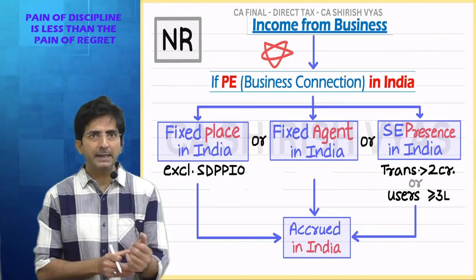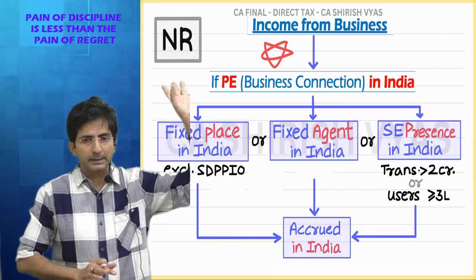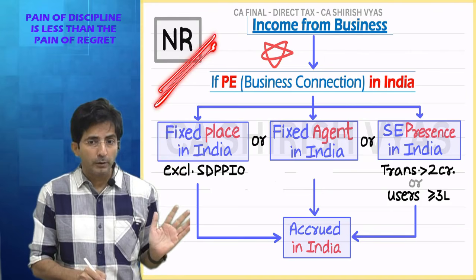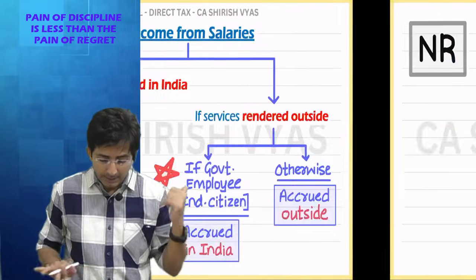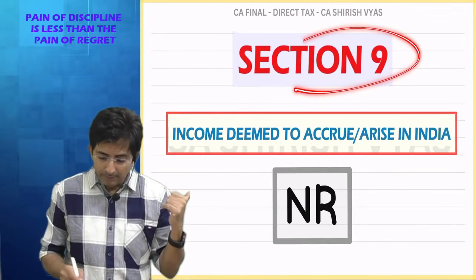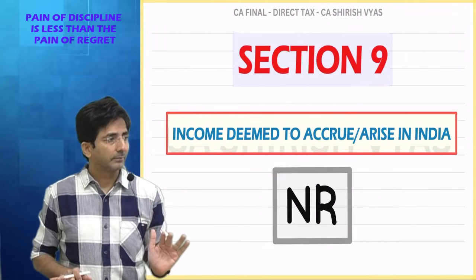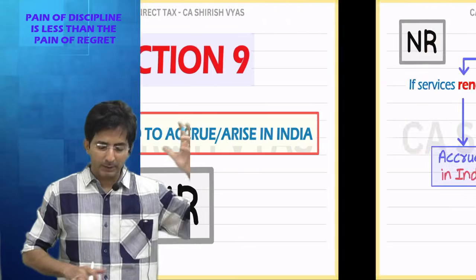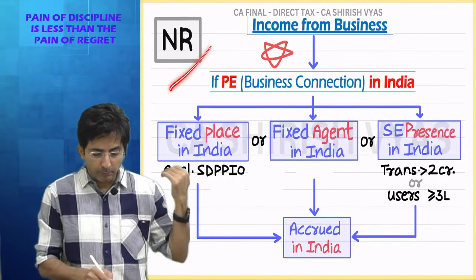Now imagine that Singaporean company, non-resident, in all my examples I will communicate from the NR point of view. This whole section which I started is relevant only for NR. So in every example, imagine there is some non-resident.